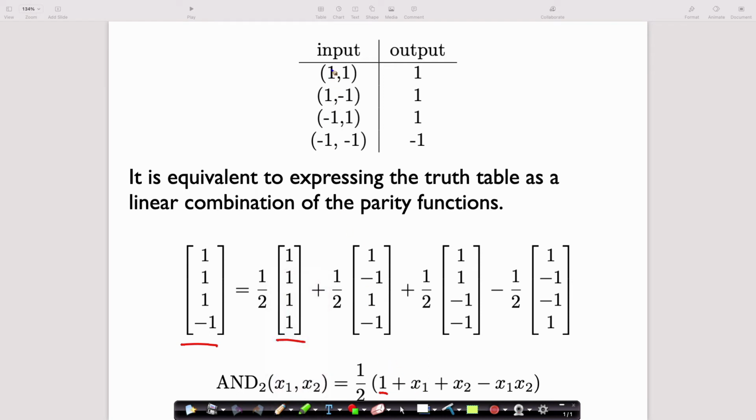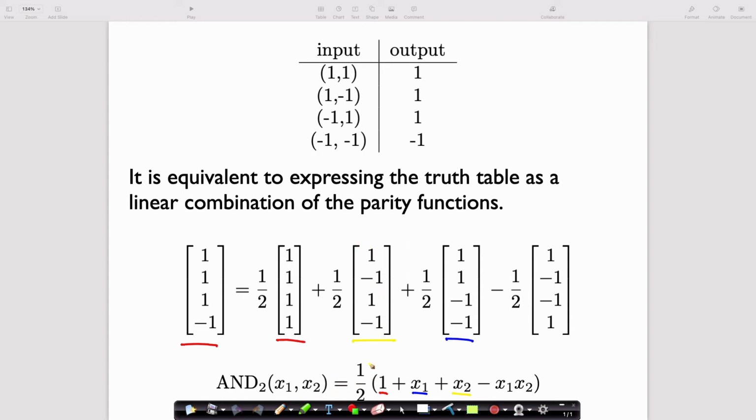We see that the function that just returns x1 has truth table 1, 1, -1, -1. So that's here, this is x1. And now the function x2, let's see, x2 is 1, -1, 1, -1. So that's this function here.